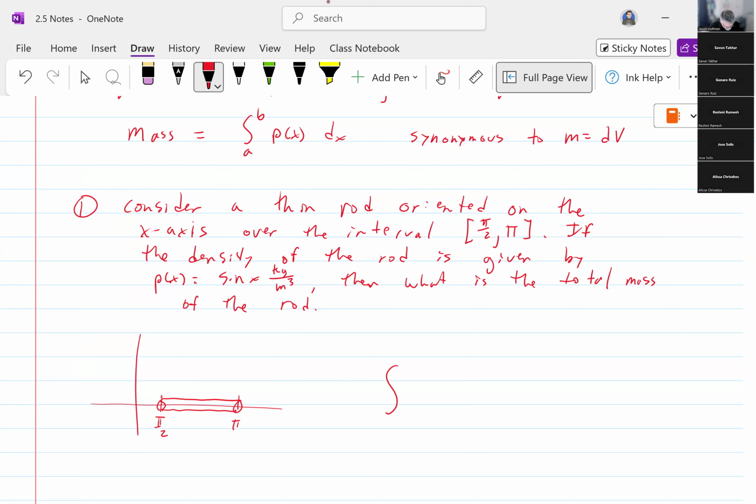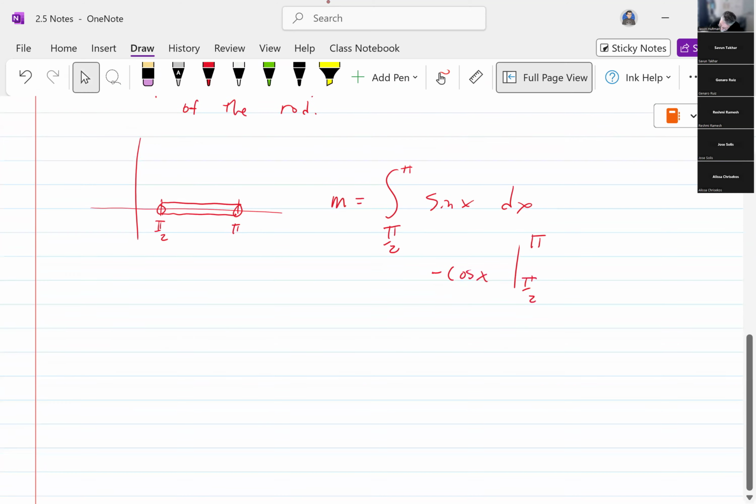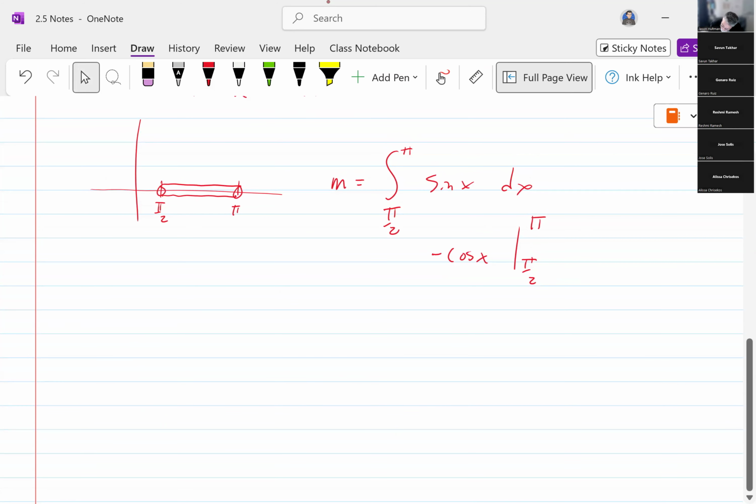This is the integral from pi/2 to pi of sine x dx, which gives negative cosine x from pi/2 to pi. Remember, the antiderivative of sine is negative cosine. Now we plug in our limits of integration: negative cosine of pi minus negative cosine of pi/2.